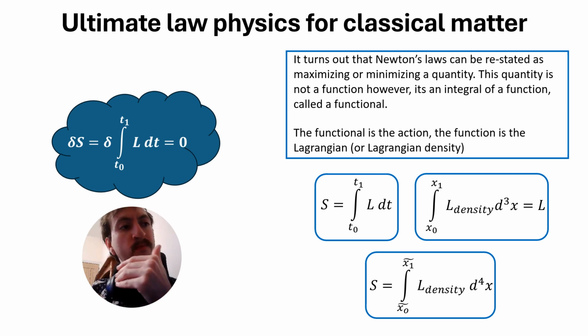We'll talk more about the Lagrangian density on the next slide, and see how we can generalise the statement that delta S is 0 to fields using the Lagrangian density. A quick thing to note is that I put squiggles above the lower and upper limits of our integral.